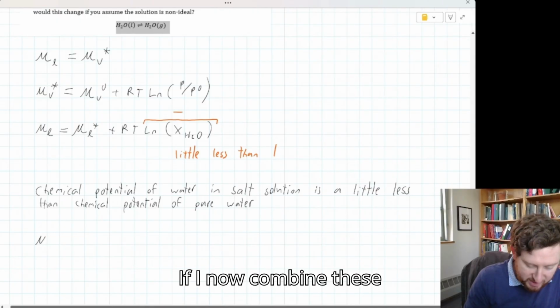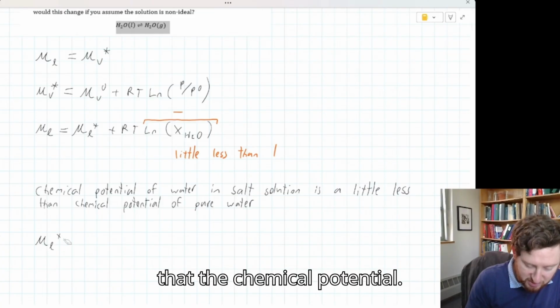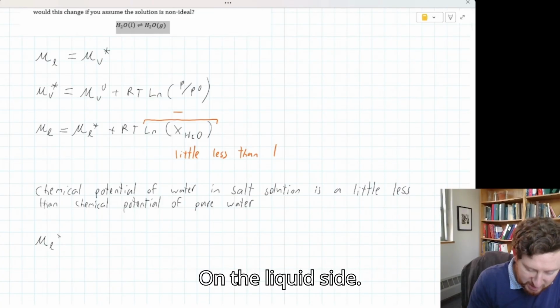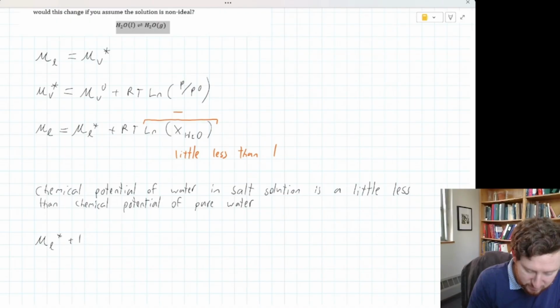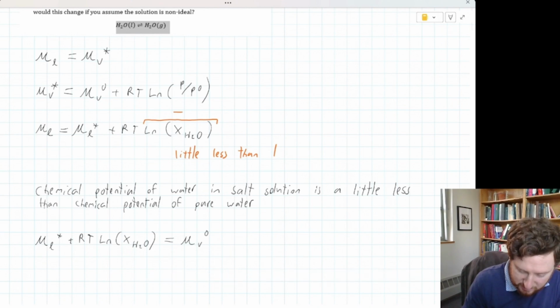If I now combine these two expressions, I can say that the chemical potential on the liquid side is this. It's equal to the chemical potential on the vapor side.